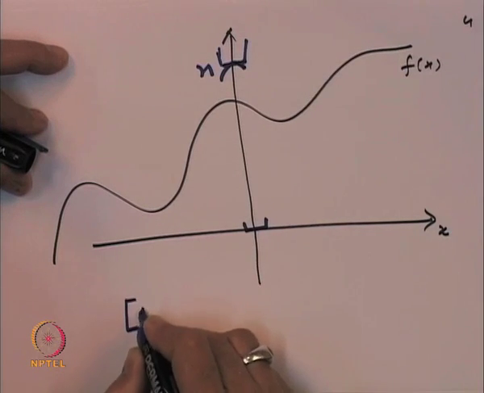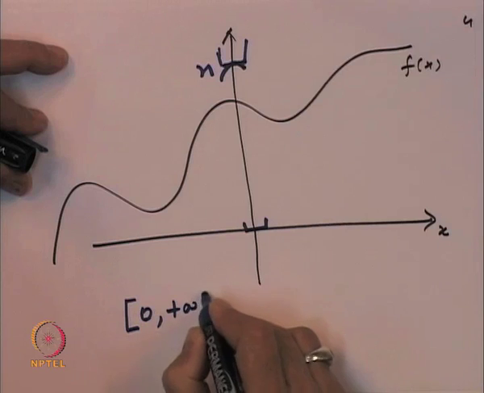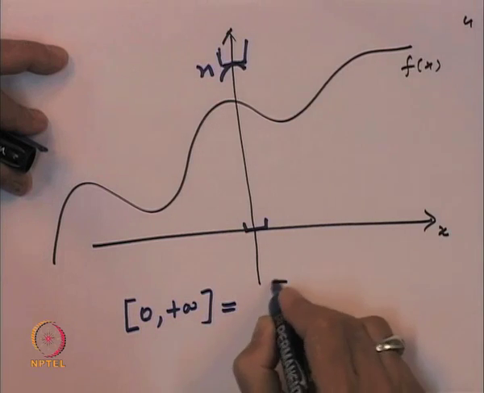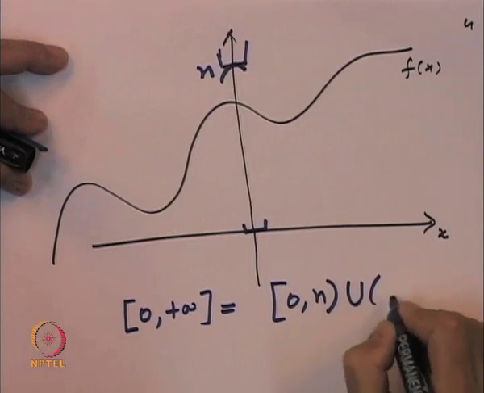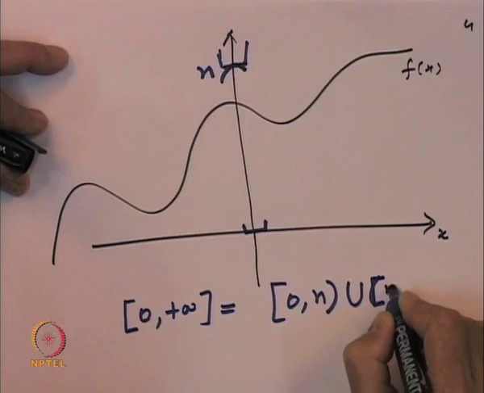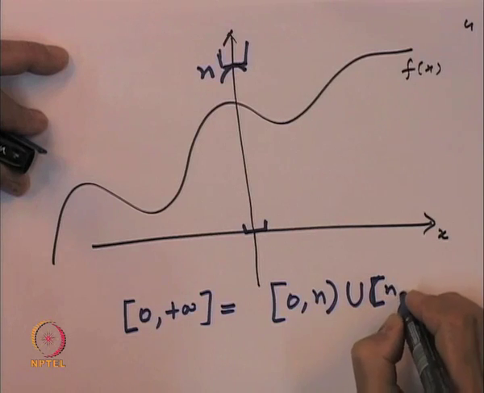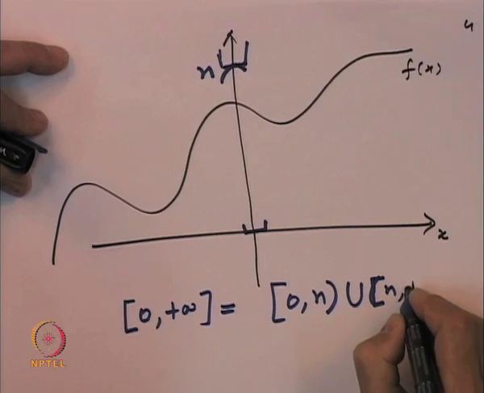So, I am writing 0 to plus infinity as equal to 0 to n open, union with the closed n to plus infinity.